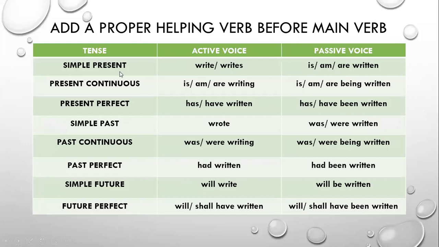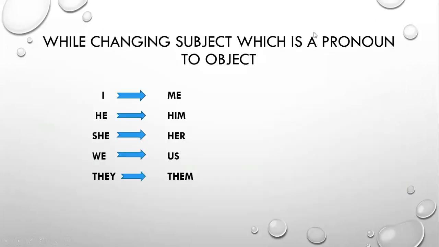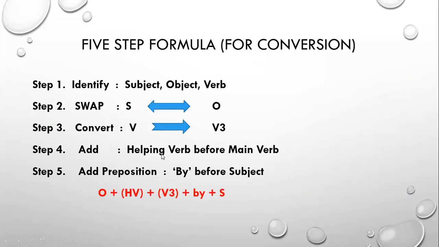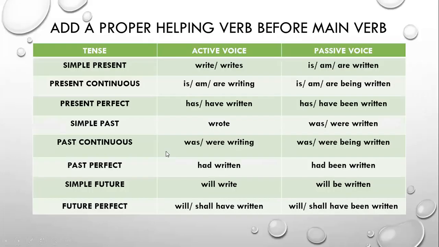Now, you are to add a proper helping verb before main verb. As I told you here, you are to add a helping verb. And what helping verbs are to be used, that we will see in this chart. Okay. So, first, if I'm talking about simple present tense, I'm just using one verb, and that is write.